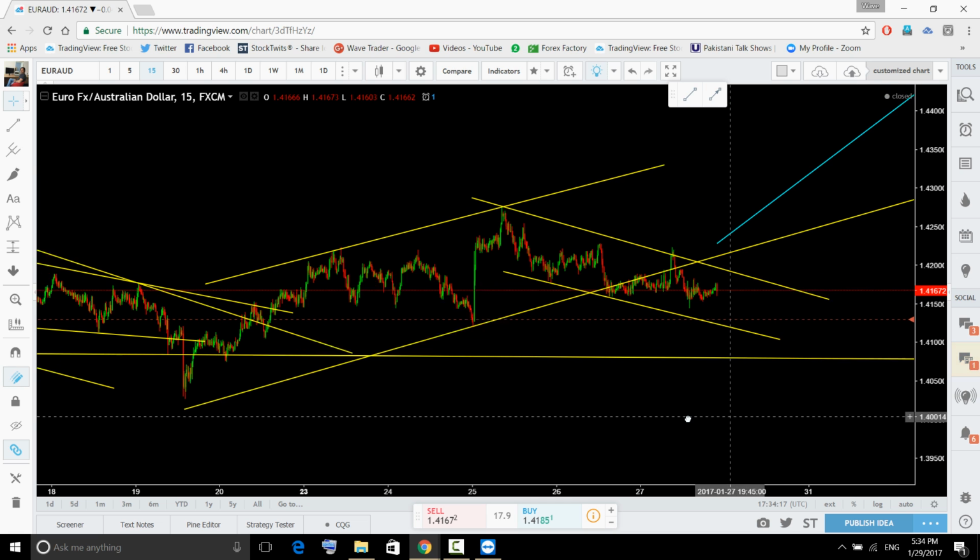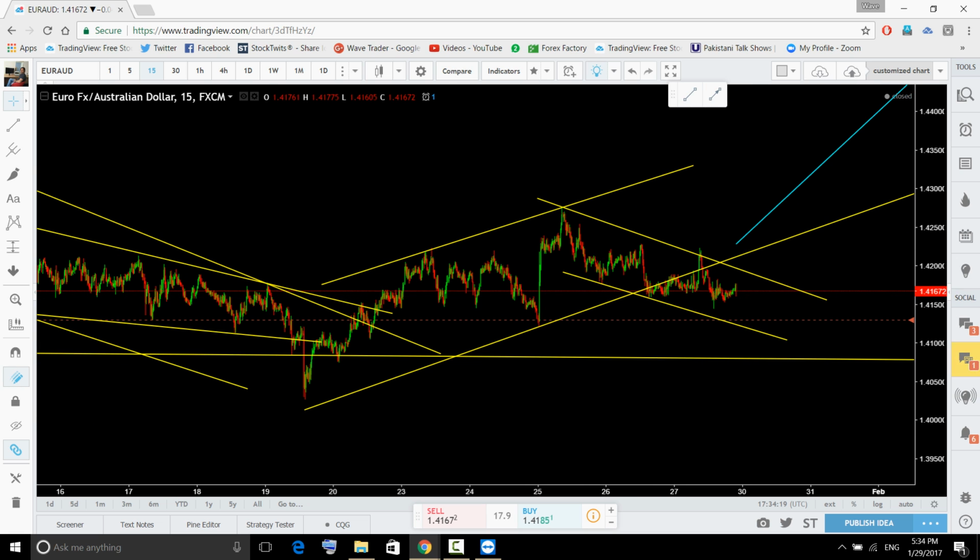This is still a trend continuation pattern to the upside. This impulse is still in force. So watch for a buy setup at this place.